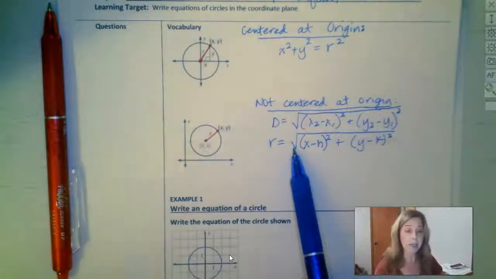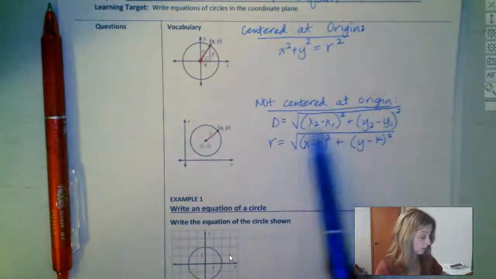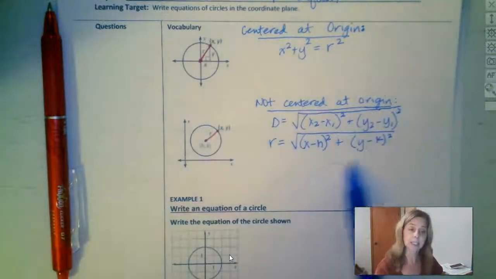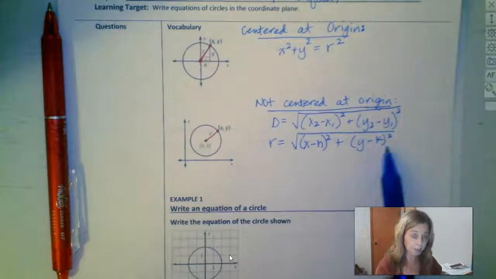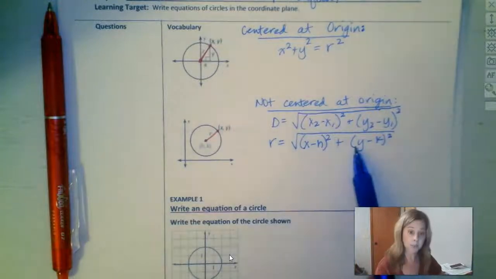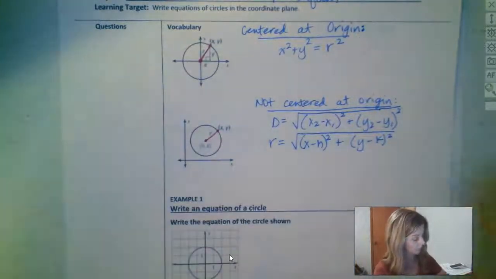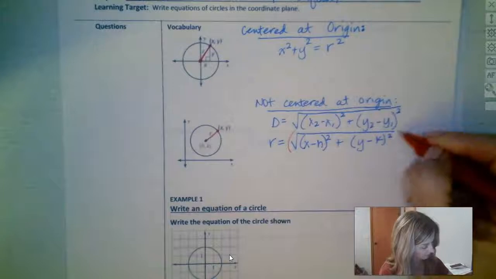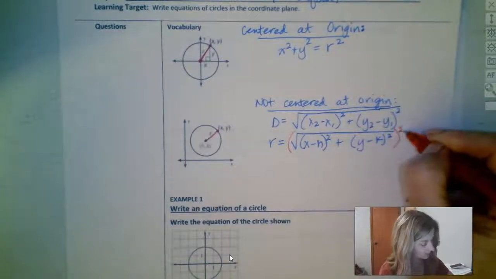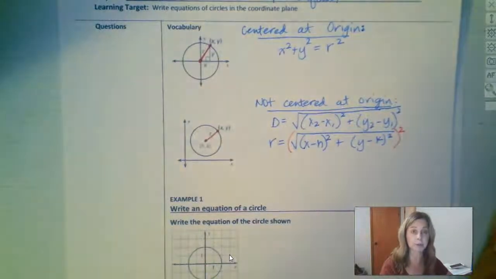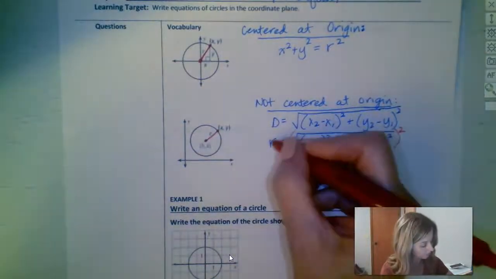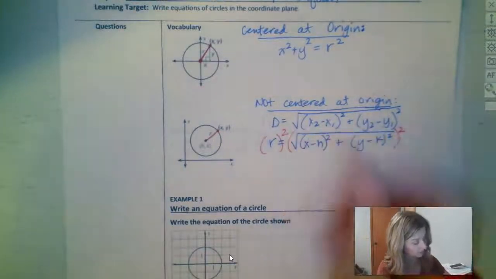And then think algebra. I want to get rid of this side, taking the square root of it. So the opposite of taking the square root is to square something. So I can come through here. If I come through and I put parentheses and I square the whole thing, that'll make the square root symbol go away. What I do to one side of the equation, I must do to the other.